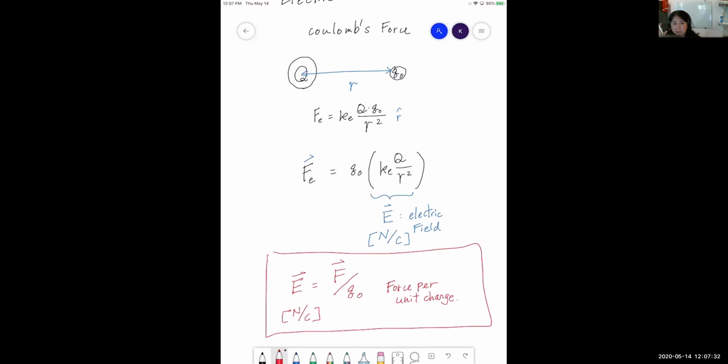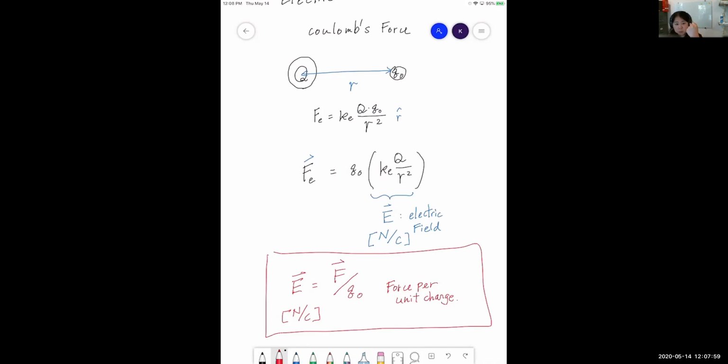It sounds vague, right? What's force per unit charge? What it means is that, as Newton's law says, every time you have a force, you need two charged particles to have a force. Force always comes in pairs. What electric field is saying is that you just need one charged particle.